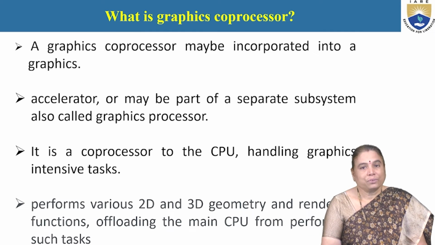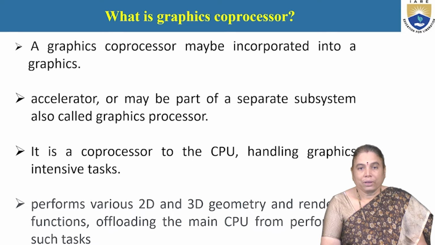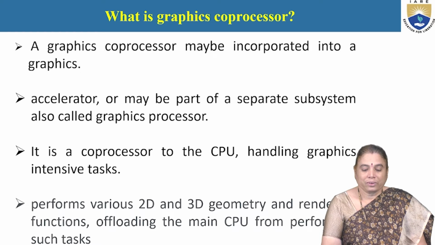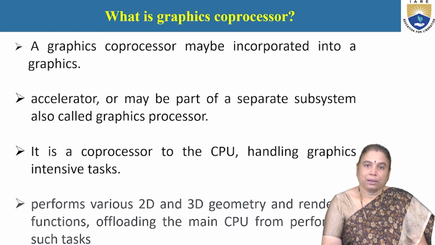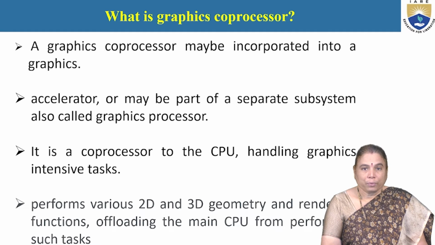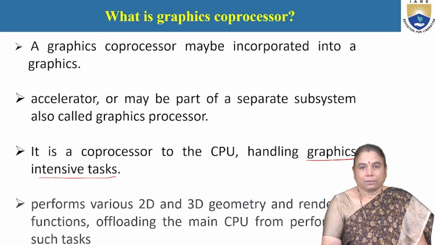What is a graphics coprocessor? The graphics coprocessor is an accelerator, a separate subsystem incorporated alongside the CPU for handling graphics-intensive tasks.